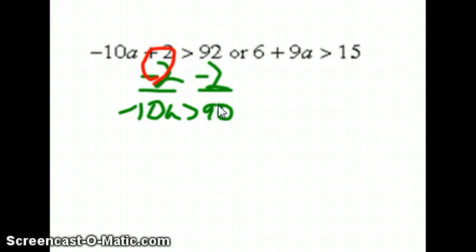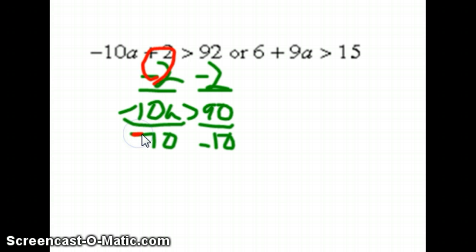So now I have all my variables on one side, just a on the left, and just constants on the right side. To solve at this point, we have to undo the operation between negative 10 and a, which is multiplication. The inverse is division, so I'm going to divide both sides by negative 10. Now at this point, you should be very aware that we just divided by a negative.